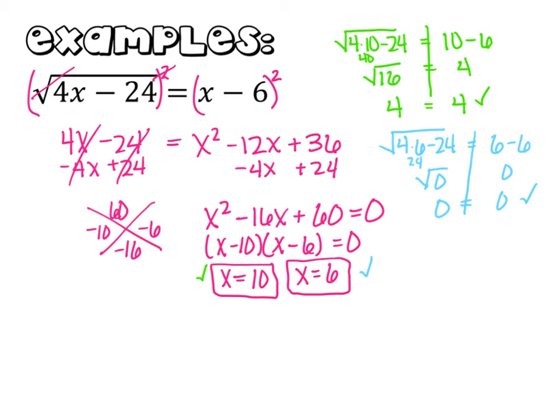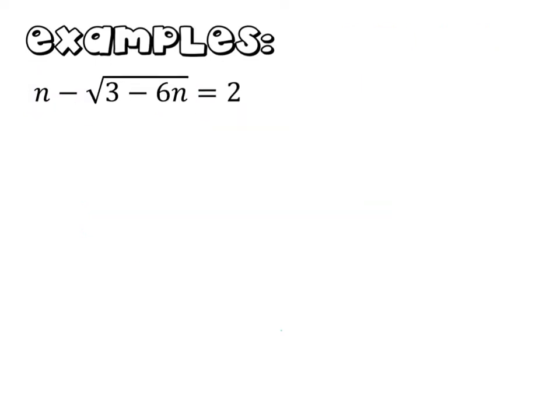How about an example where both answers don't work? So if we take a look at this one, before I can square both sides, I have to get the radical by itself. I could subtract n and then divide by negative 1. Or I could do that in one step and say, what if I moved the square root part over to this side by adding it, and I moved the 2 over to this side by subtracting it?